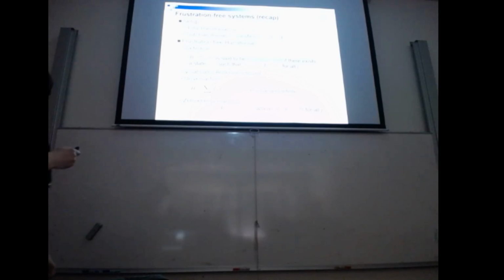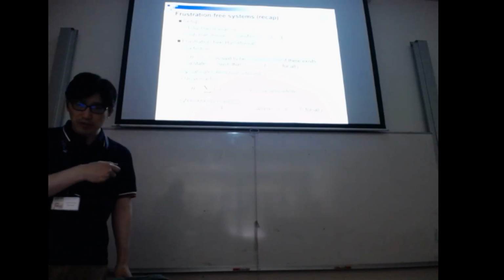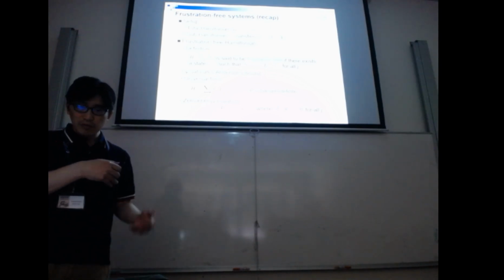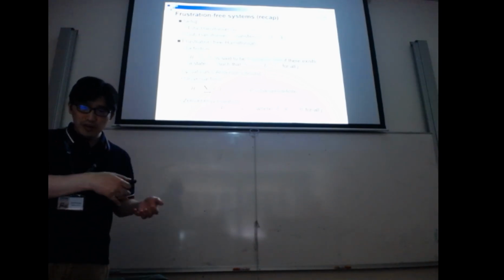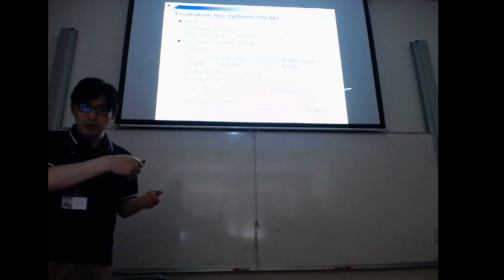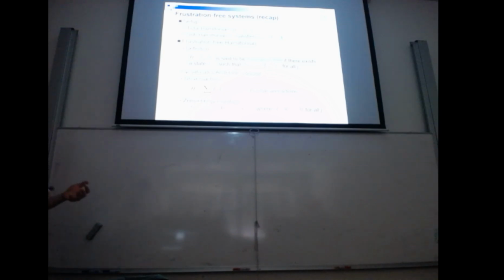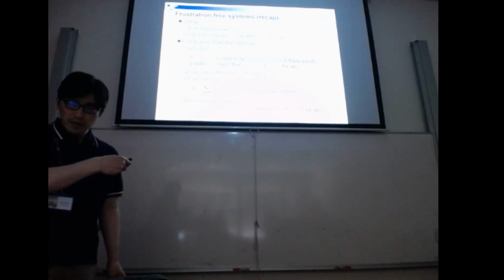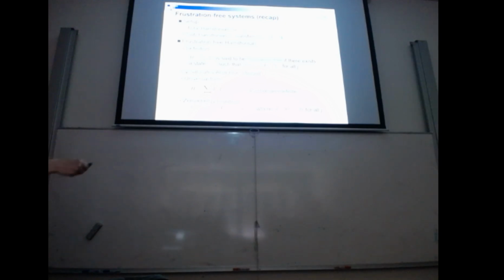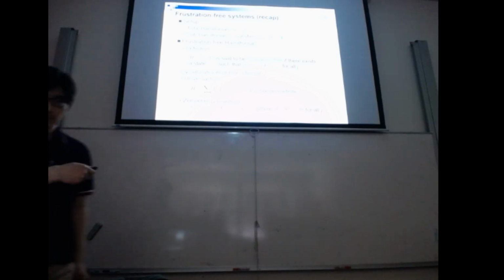So this entire Hamiltonian is positive semi-definite. So this means if you find a zero energy state for this Hamiltonian, it is a ground state. And in general, you might have multiple ground states, and the ground state manifold is spanned by these states from psi 1 to psi n, each of which satisfies this relation.